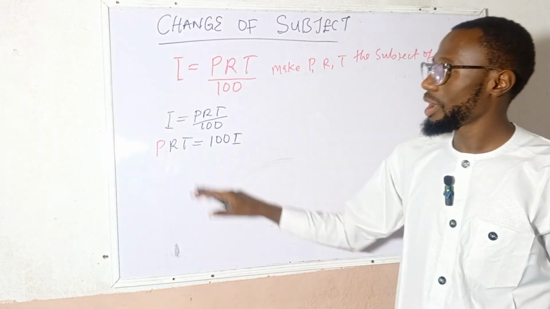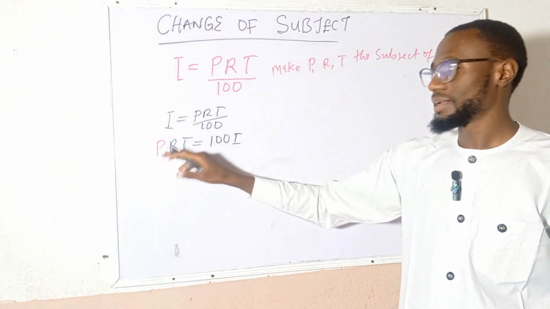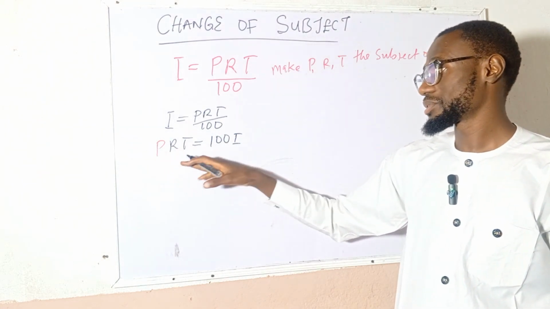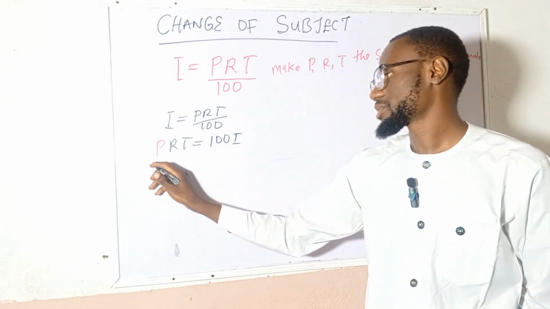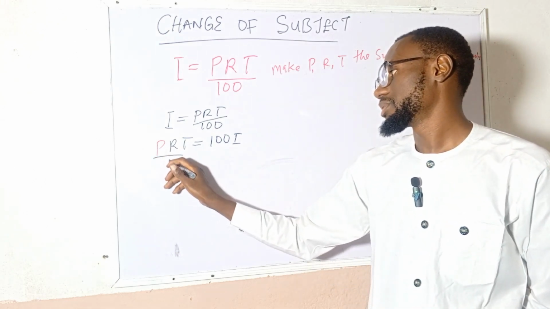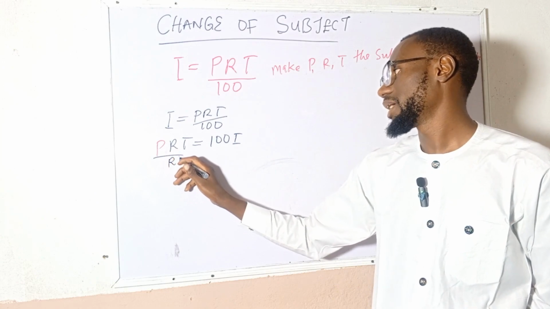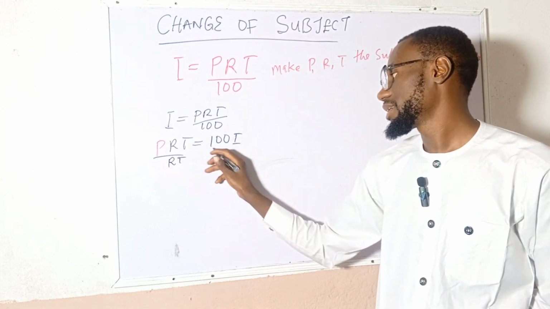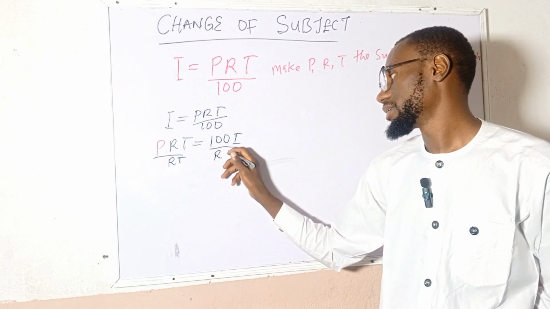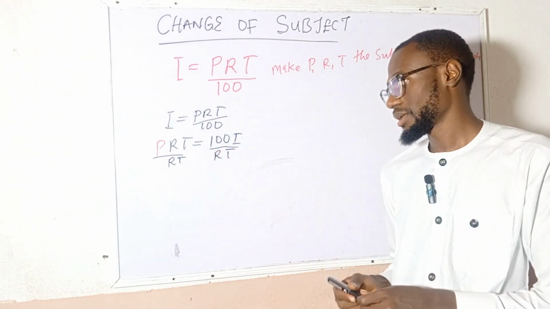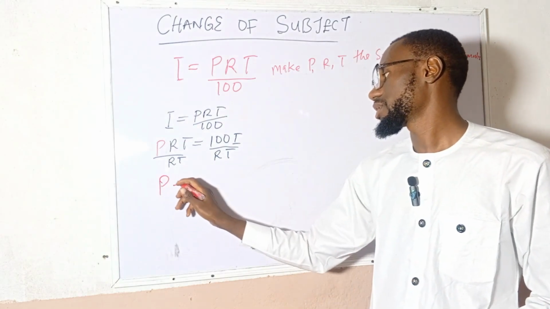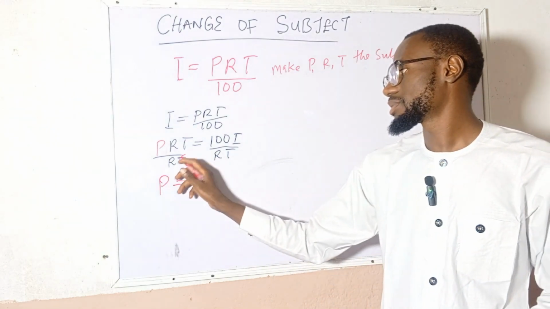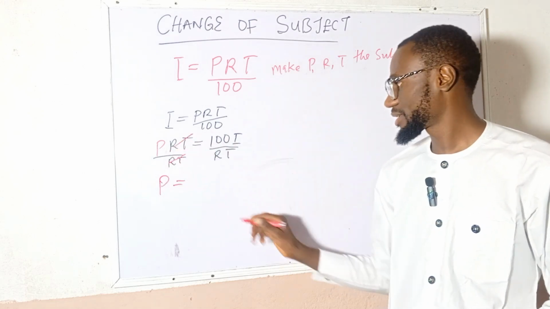Now we are looking for P. Since we are looking for P, we are going to divide both sides by the coefficient of P, which is RT. Therefore, we are dividing both sides by RT, here by RT, where we can have our P is equal to, this RT can cancel RT.